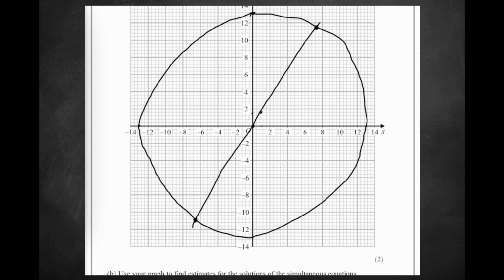Now, I'm not going to pretend that my graph, you can see, is perfectly accurate, but in the exam you will draw this with your compasses and a ruler, and I will tell you what your answers should be.